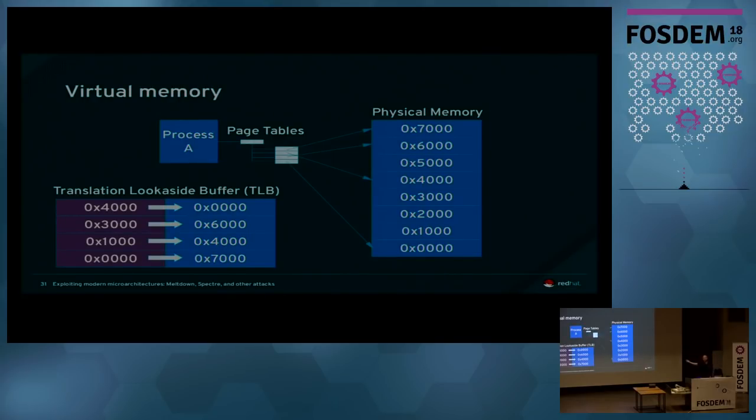Because if I want to go into the kernel to do something, these entries are already populated. They're already present. And so typically I'll leave these in place until I switch from one process to another. Then I have to flush this stuff out and switch to another process because its view of memory is different.